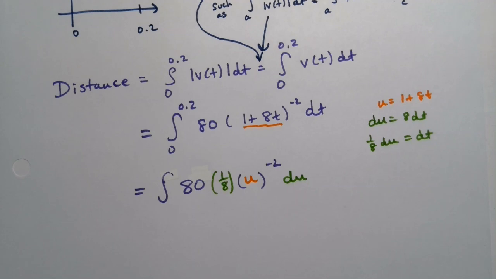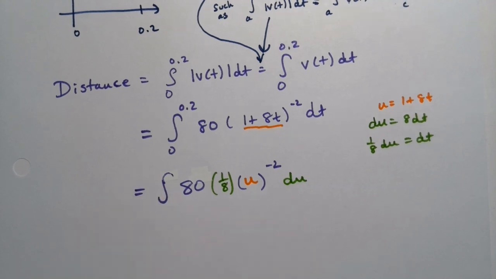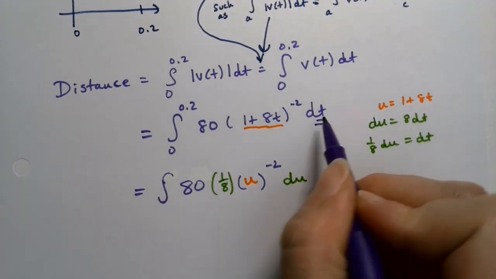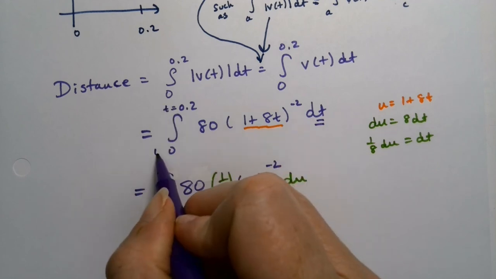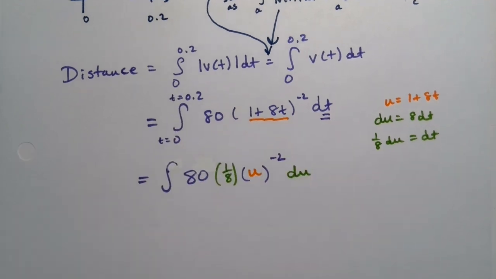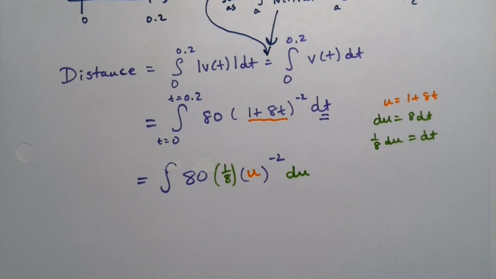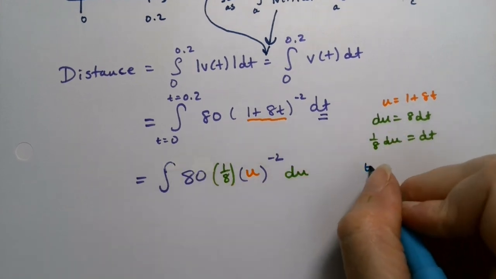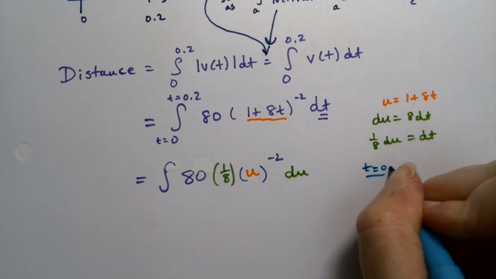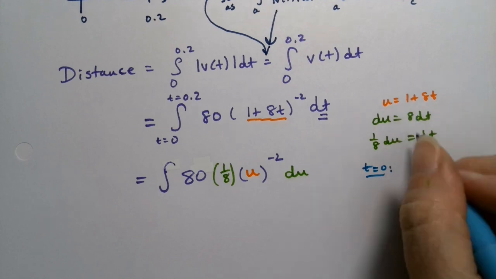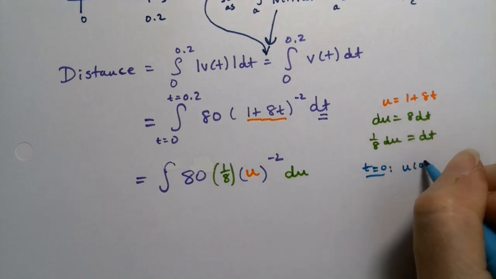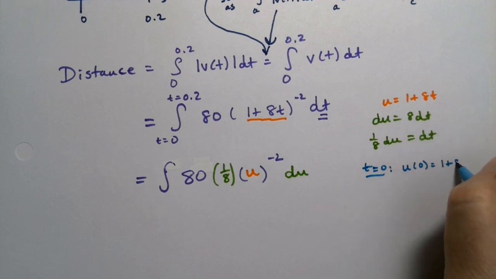You can't do that. You cannot put 0 and 0.2 because those are t values. The differential tells you that these are t values. So you need to go find new values. When t was equal to 0, u of 0 is equal to 1 plus 8 times 0, which is 1.